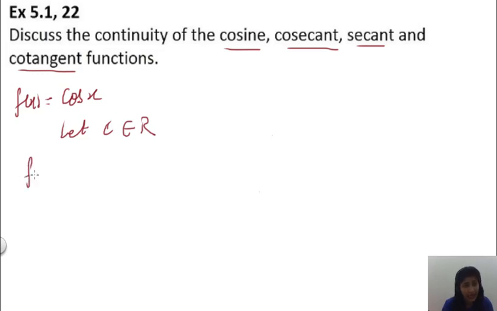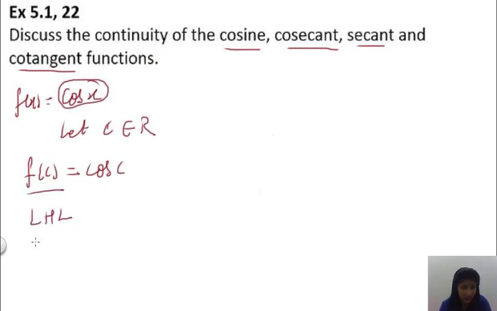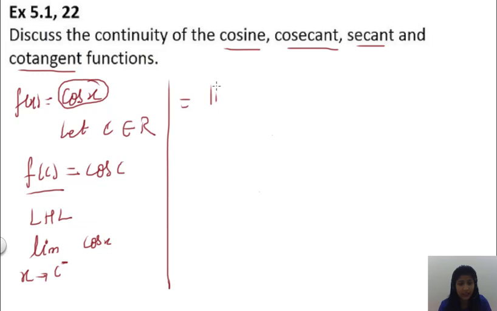Now I will check f of c, which comes out as cos of c. Now checking the LHL. For LHL, the function is going to remain the same. I'll write it as limit x tending to c minus of cos of x. So the next step will be limit h tending to 0 of cos of c minus h.